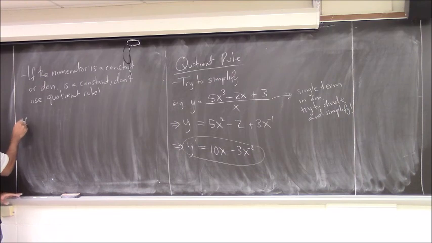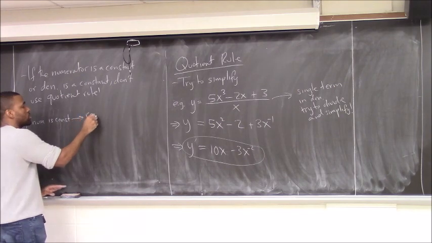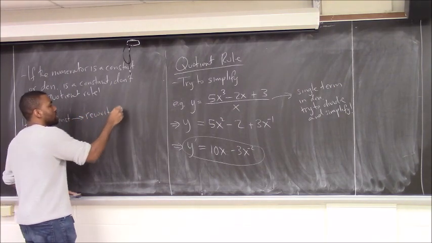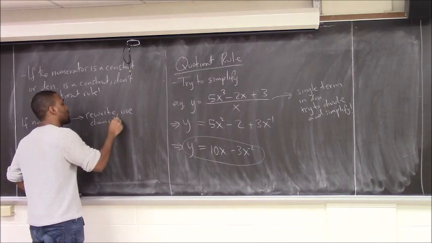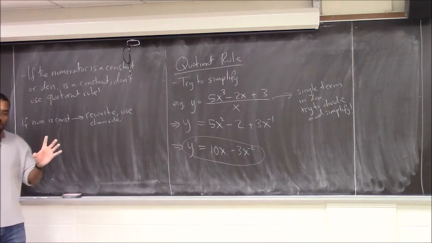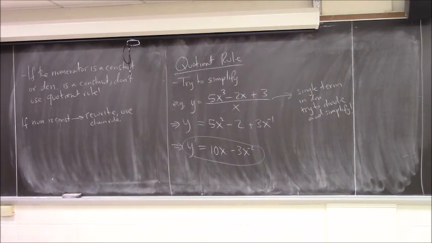So if the numerator is constant, I'd rather you rewrite and use chain rule. By rewrite, I mean just bring the denominator up, put it to the negative power, and use the chain rule. It'll be quicker and easier than doing the quotient rule.